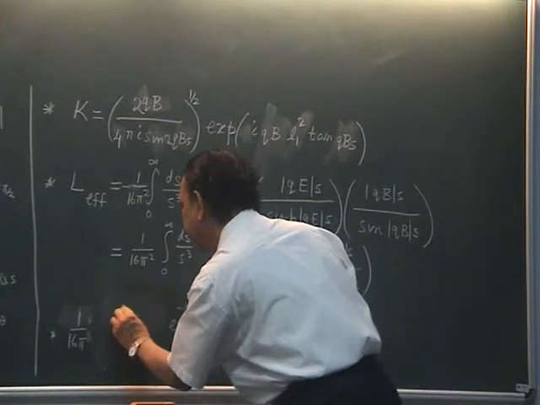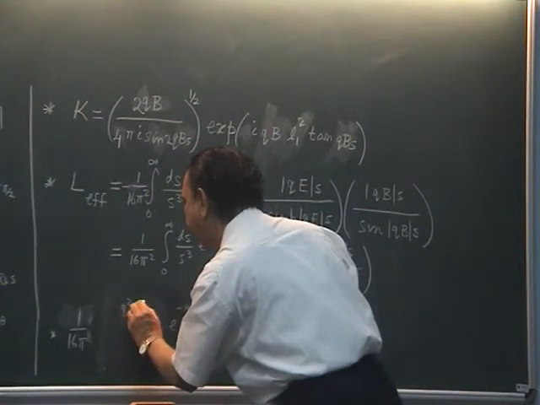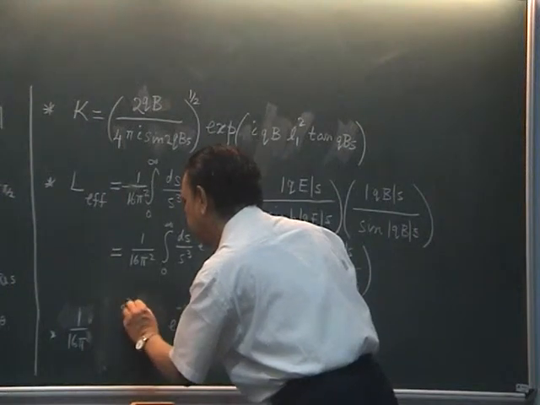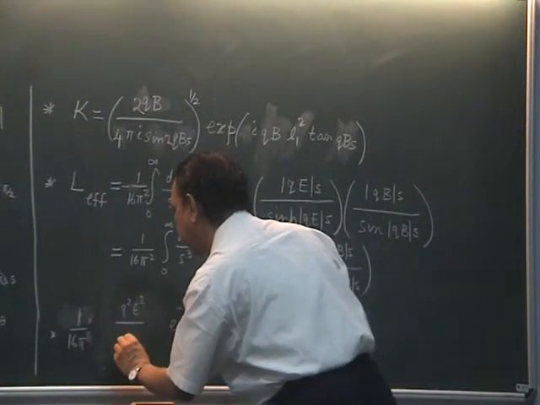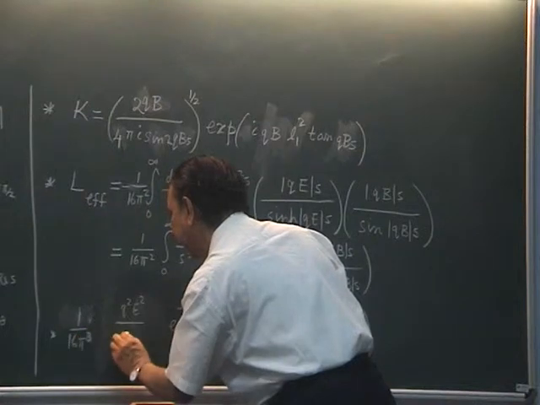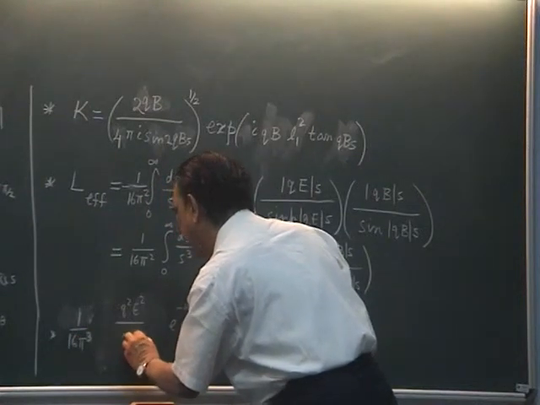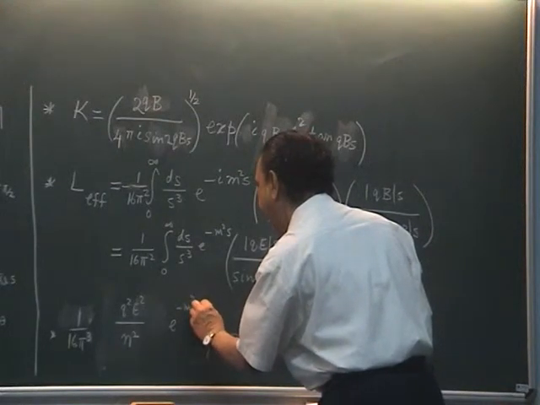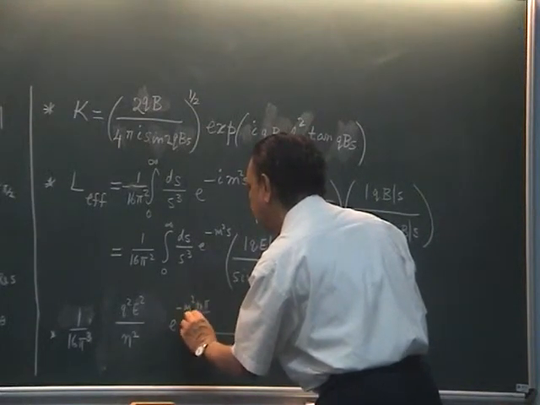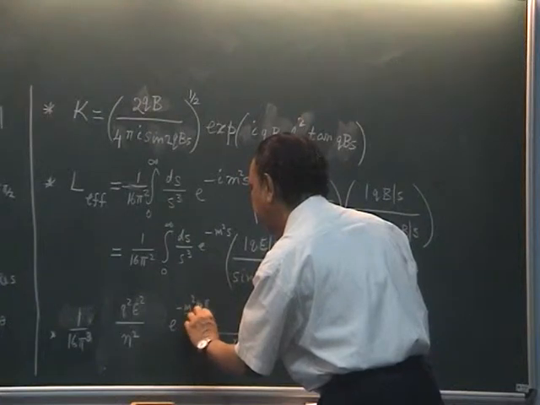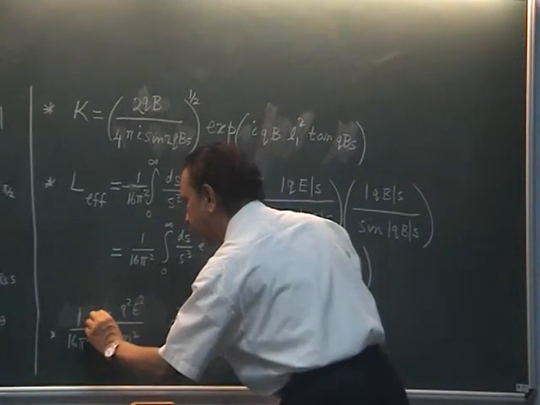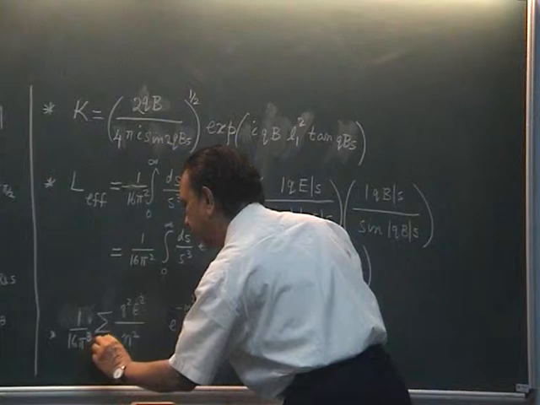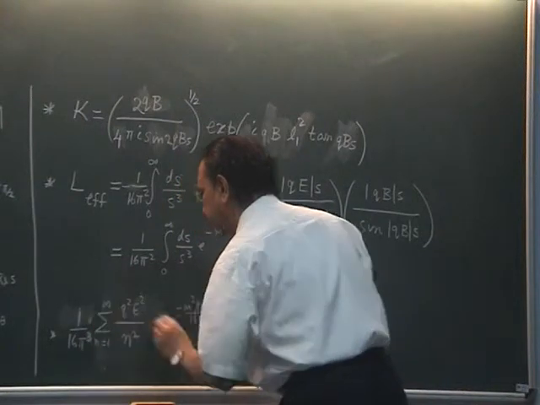So I will have q square e square upon pi square, that makes it pi cube, and an n square here. This Sn has a n pi upon modulus of QE, and it is to be summed over all n from 1 to infinity.